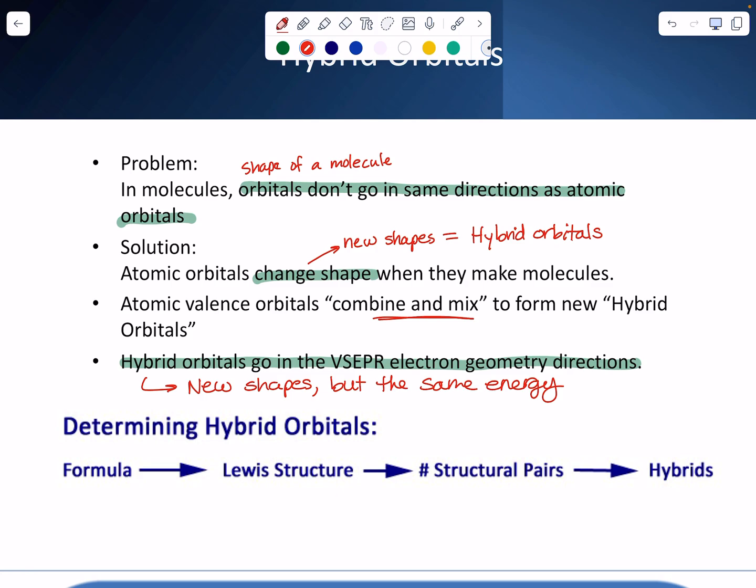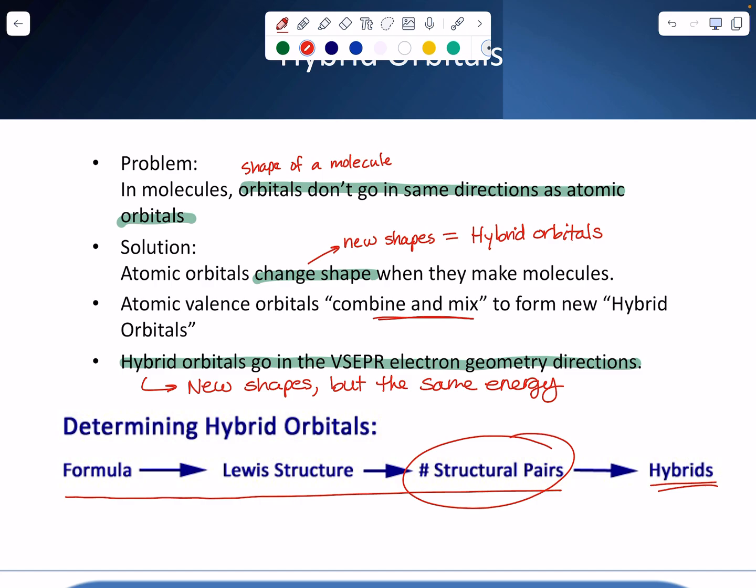So the way we're going to work at determining where hybrid orbitals are and what they look like is: we go from formula to Lewis structure, to the structural pairs that help us figure out the geometry, and that helps us figure out the hybrids. To skip to the punchline, if you look at the handout I gave you, it looks a lot like the table of geometries that I've given you before.